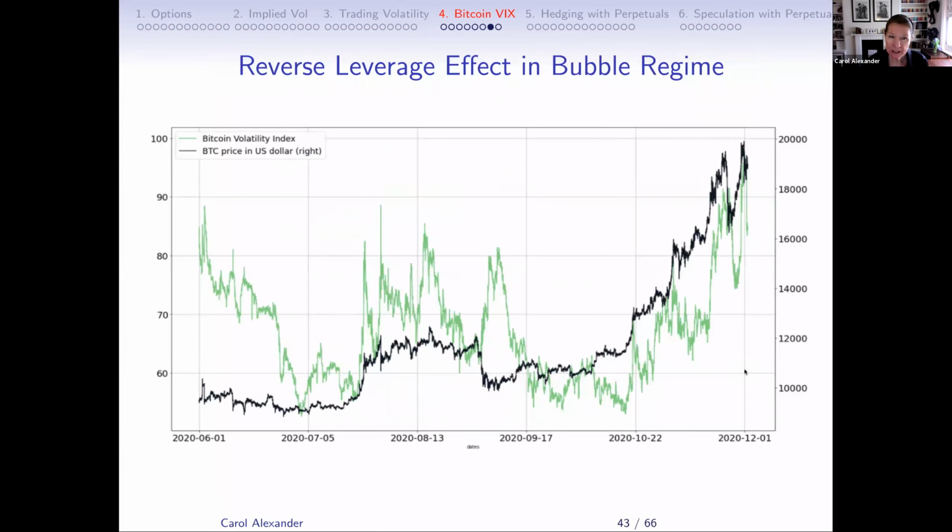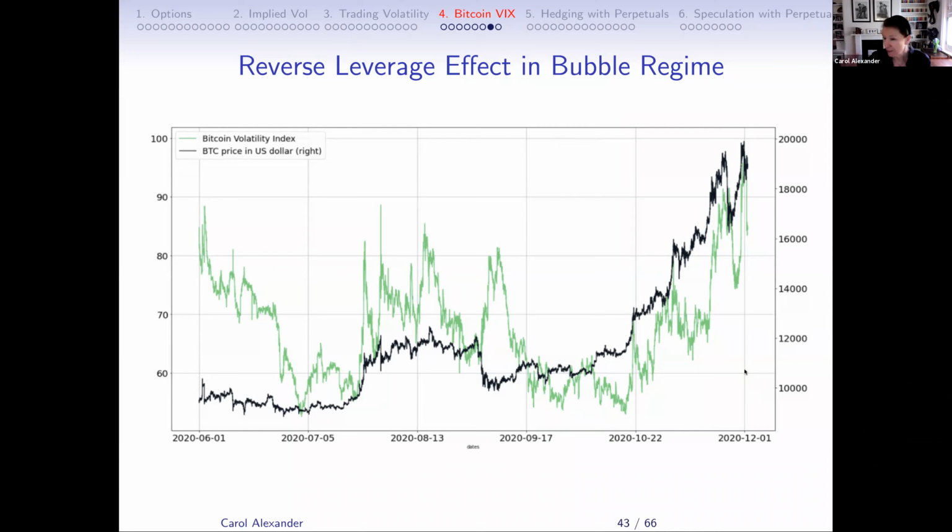So this reverse leverage effect, what do I mean by that again? Well, going back to those GARCH models where the asymmetry term, the gamma coefficient, was typically negative, meaning volatility increases following a price fall more than it increases following a price rise of the same amount.